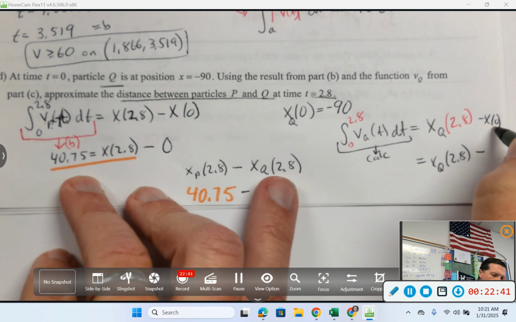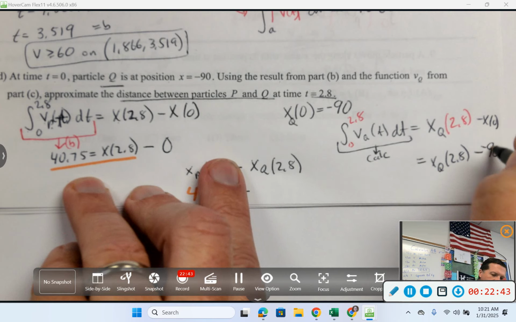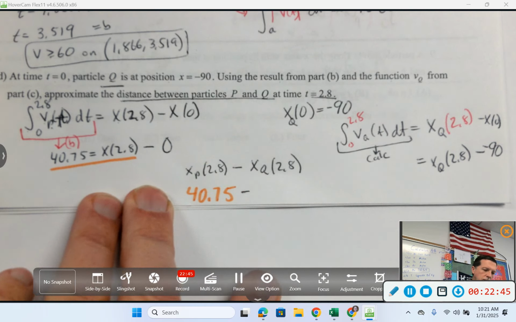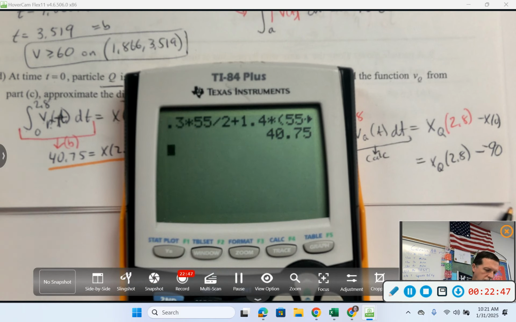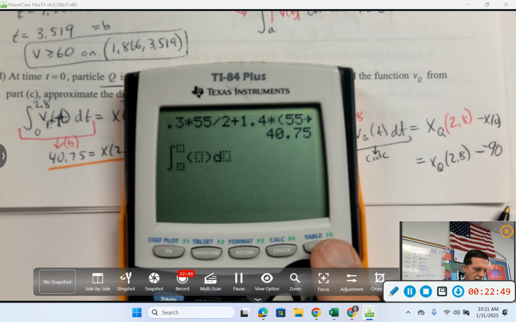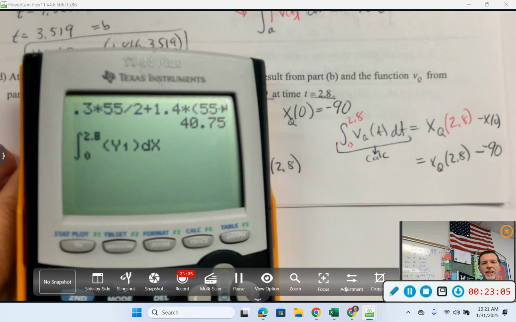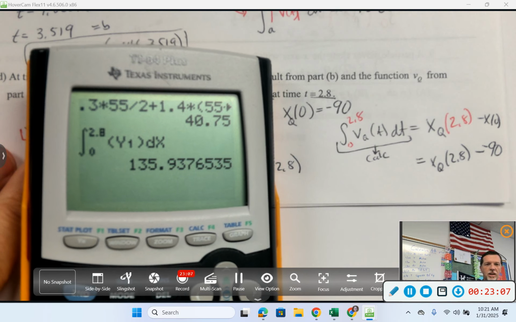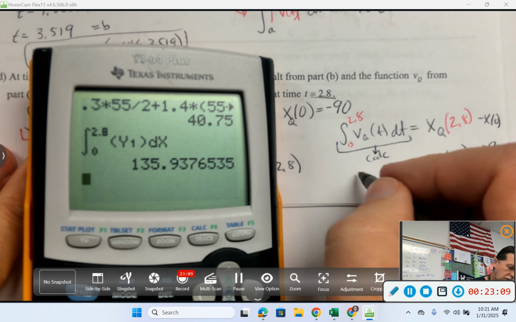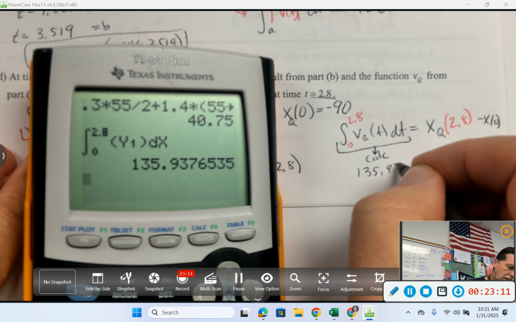X at 2.8 is what I'm looking for. X of 0 is negative 90. Right. Math 9, 0 to 2.8. That was y1. So, calculator, calculator, calculator. I didn't like that one, that's a lot of work. 135.938.